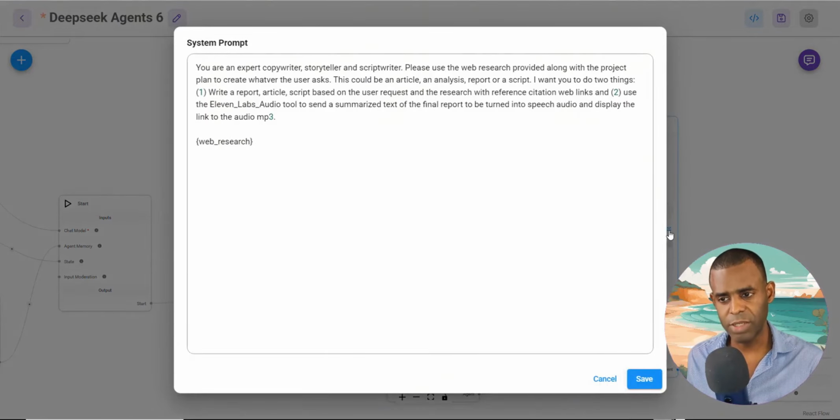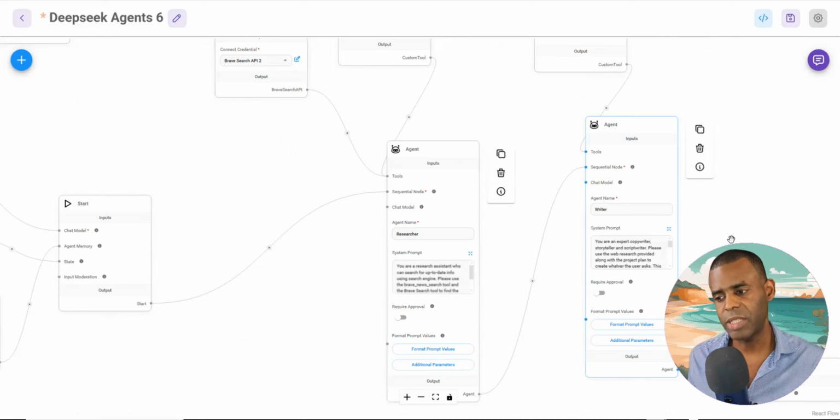It's also going to take a summary of its report and send it to the 11 Labs API, which generates an audio of the text. I did this because I wanted a way to test the tool calling features of the R1 model, all right? Again, this is experimental, so sometimes it works and sometimes it doesn't work in various ways.